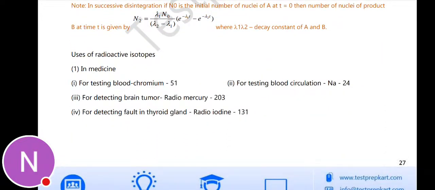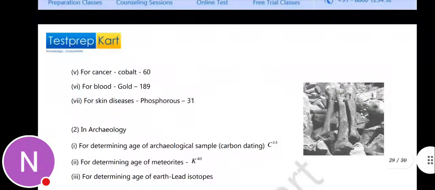Next, uses of radioactive isotopes. In medicine: chromium 51 for testing blood, Na24 for testing blood circulation, radiomercury 203 for detecting brain tumor, radioiodine 131 for detecting faults in the thyroid gland, cobalt 60 for cancer, gold for blood, and phosphorus 31 for skin diseases.